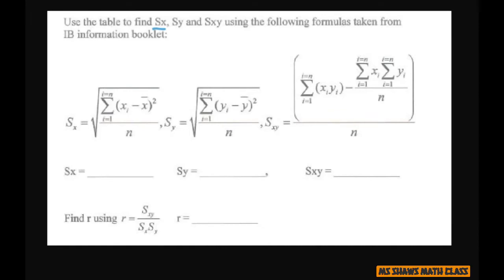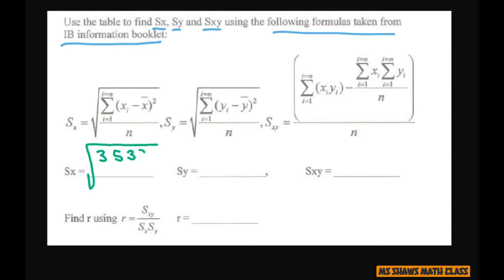Okay, finally, we're going to use the table to find our sum of x, sum of y, and sum of xy using the formulas taken from the IB booklet. So basically, for our first one, and using our table, for this one we're going to get s of x equals the square root of 3,538 divided by your total number, which is 10.